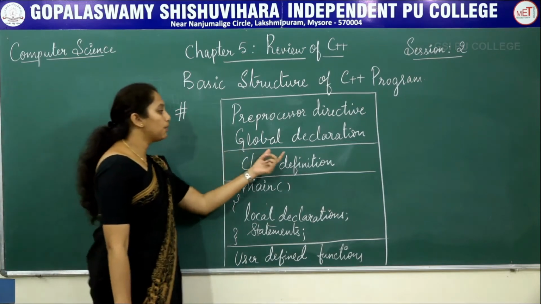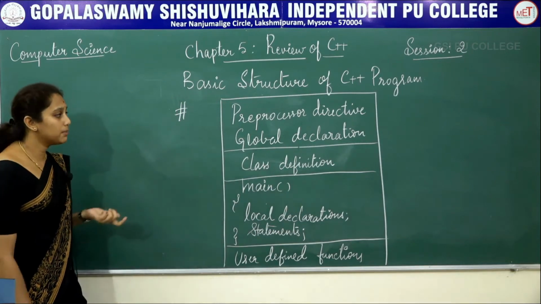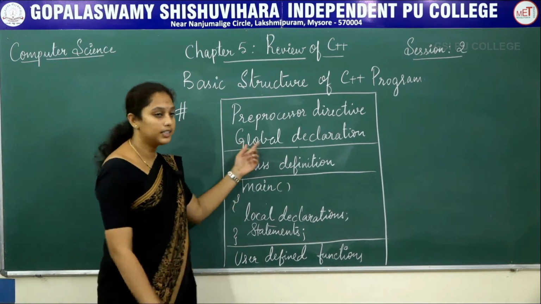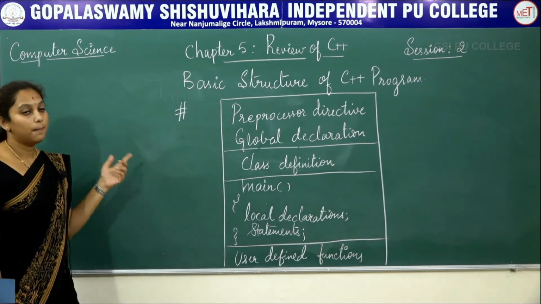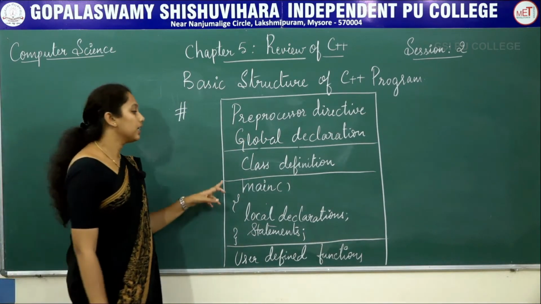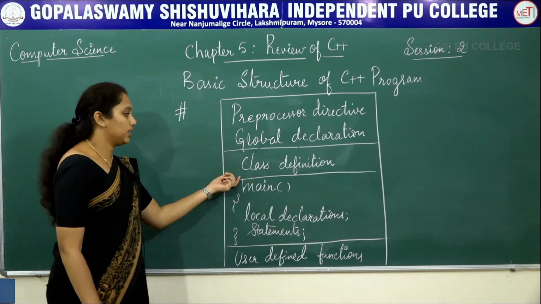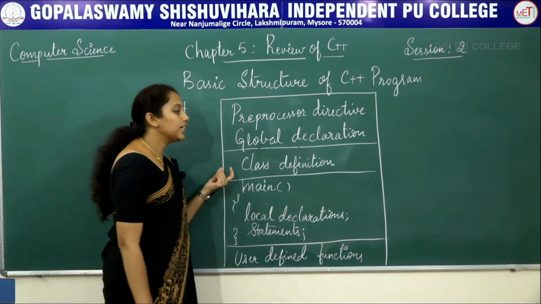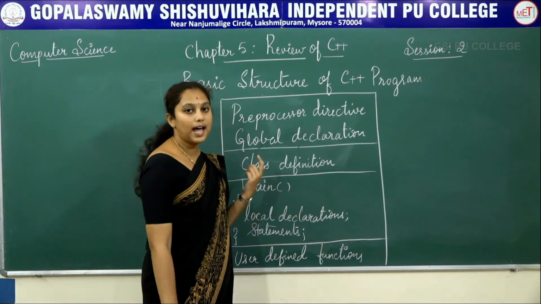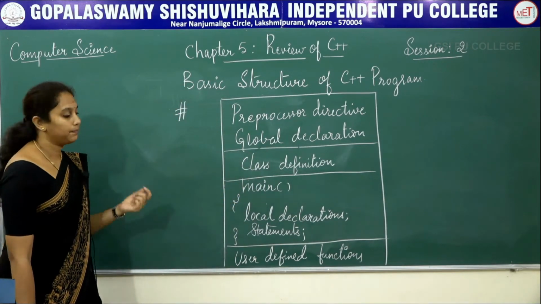When it comes to global declaration, some of the variables, arrays and functions are declared so that they can be accessible by all the functions including the main function. Next section is class definition. Class definition indicates the properties and behavior of an object.